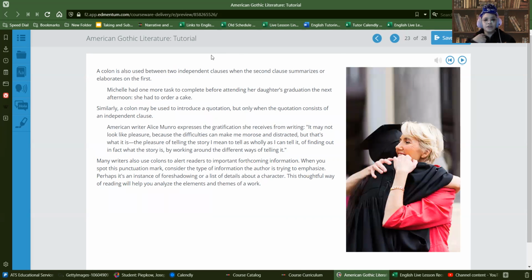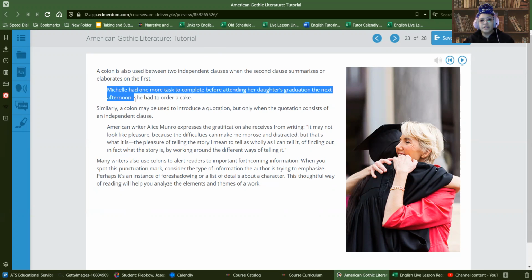It says a colon is also used between two independent clauses when the second clause summarizes or elaborates on the first. So basically, if you have two sentences and the second one gives you more information about the first one, you can separate them with the colon. So they give you an example here. Michelle had one more task to complete before attending her daughter's graduation the next afternoon. That is a complete sentence.